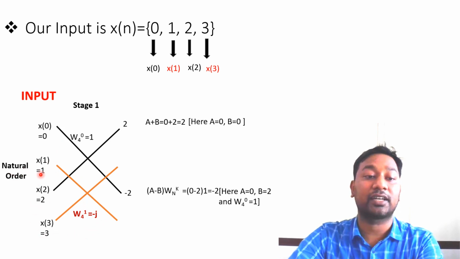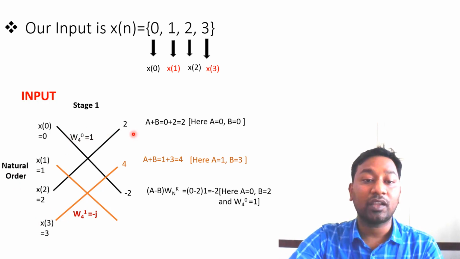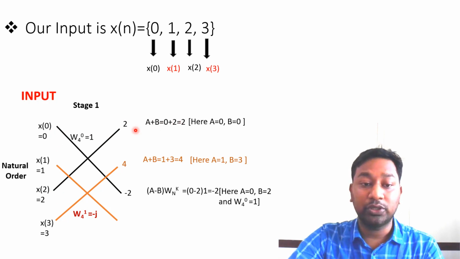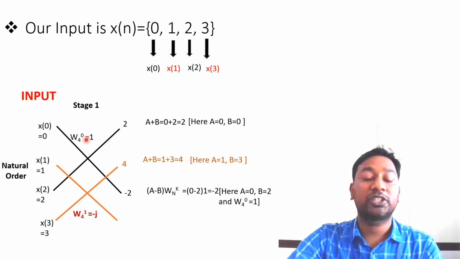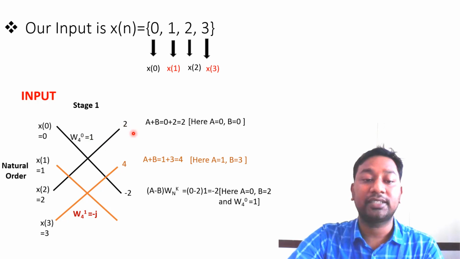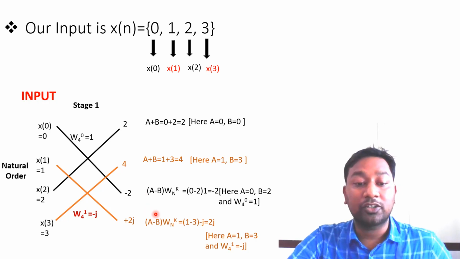Now first stage, first butterfly: 0 plus 2, that is 2, and another one is 0 minus 2, that is minus 2, because the twiddle factor associated is omega 4 to the power 0 equal to 1. So it is simple addition and subtraction. Similar case for the second butterfly, where the twiddle factor associated is minus j.